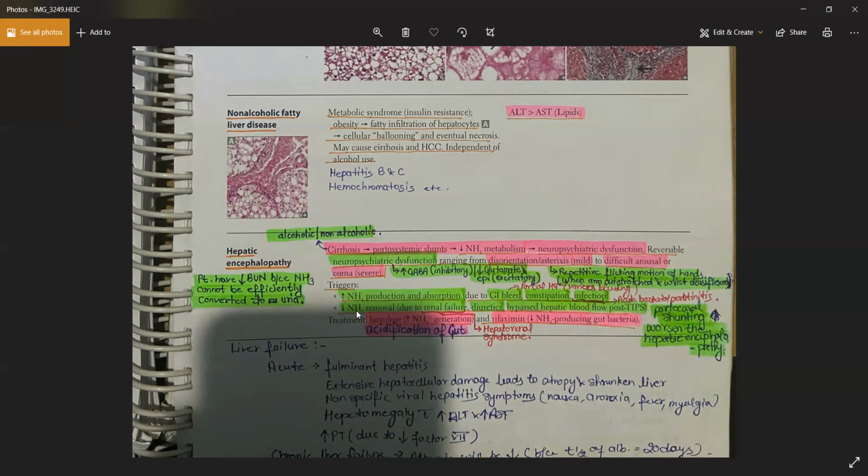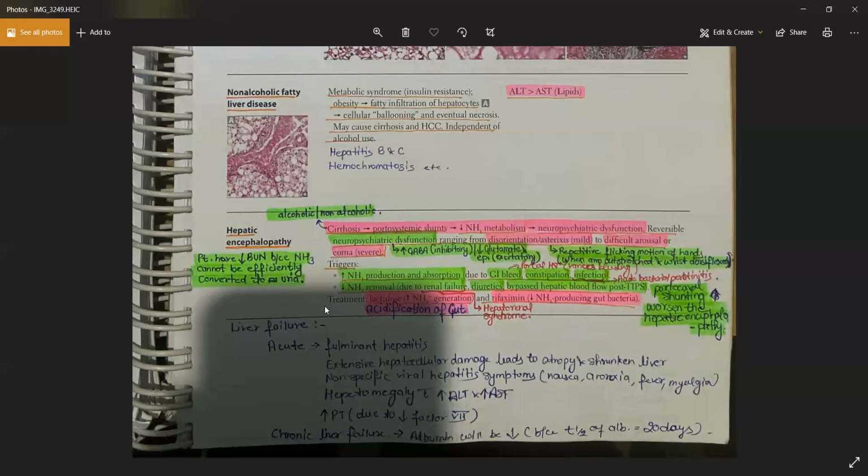Using diuretics will decrease the clearance of ammonia. And in case of renal failure also, you can have a decreased clearance of ammonia. So triggers, two types: one is increased production, second is a decrease in the clearance. And that would be all about it.